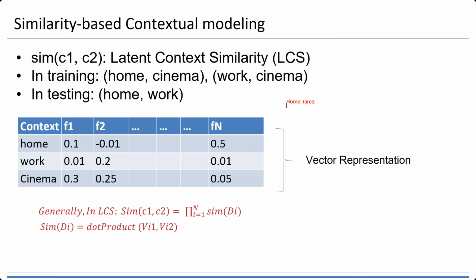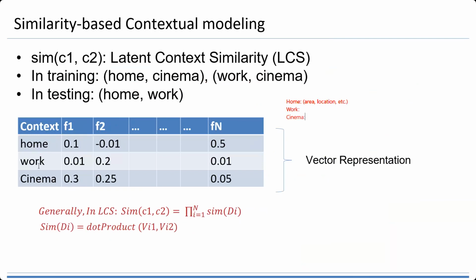Or you can have another dimension. Where is your home location? For example, the home location is in the apartment or something, and so on. So we can also have the same features for every possible location.